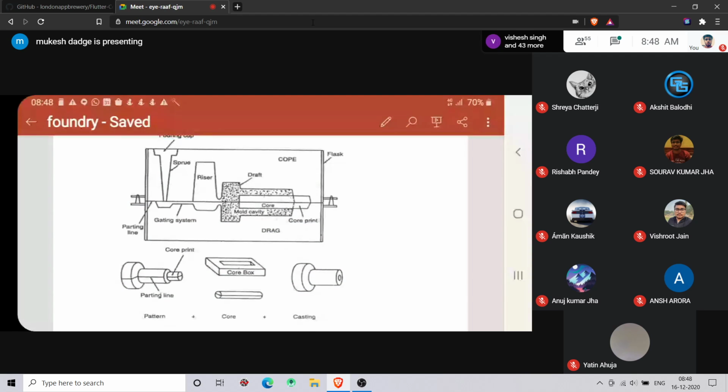On the right side you can see there is one hole on that part. That hole is created by using the core. On the left side of your casting, that core is made and put in your mold cavity.